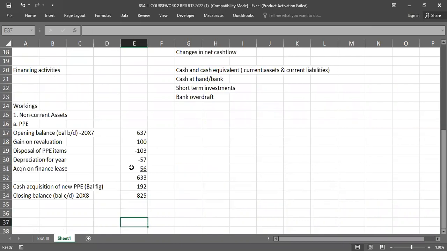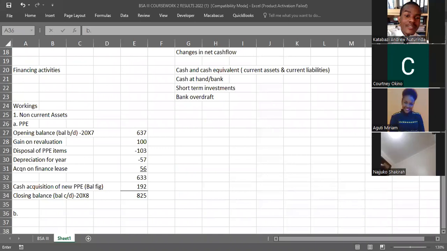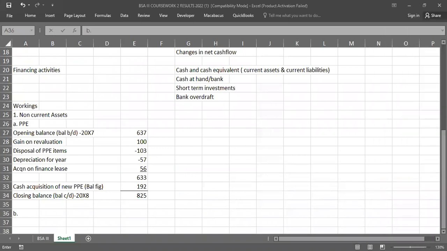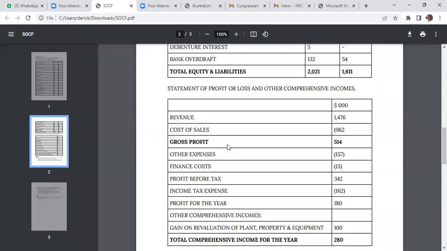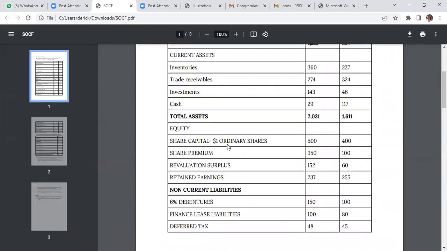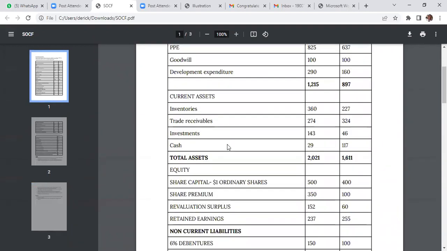Let's go to another item. So we're going line by line. The next item on the list on the balance sheet, scrolling, we have goodwill.